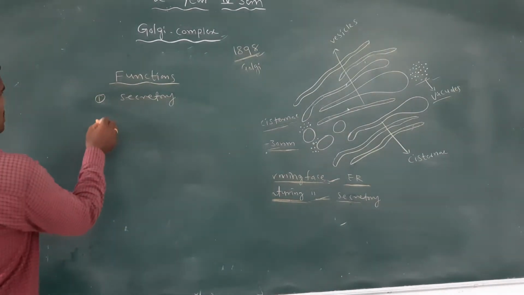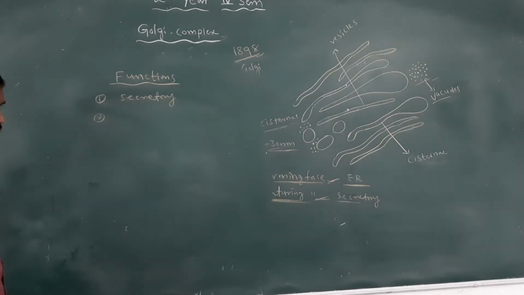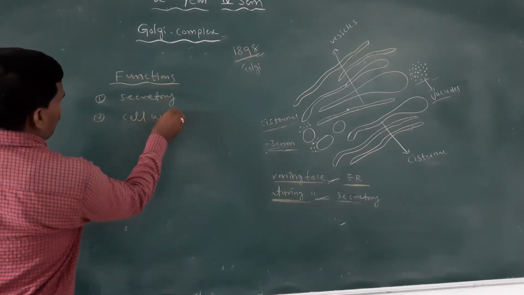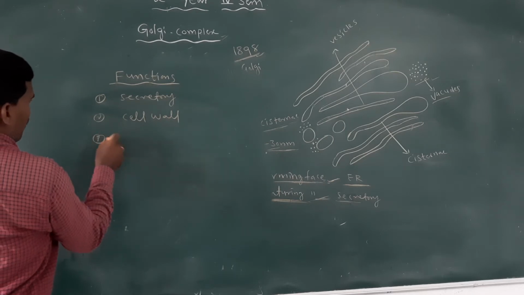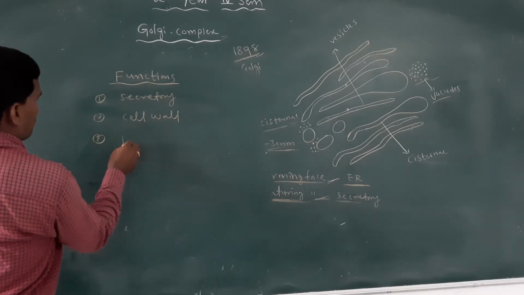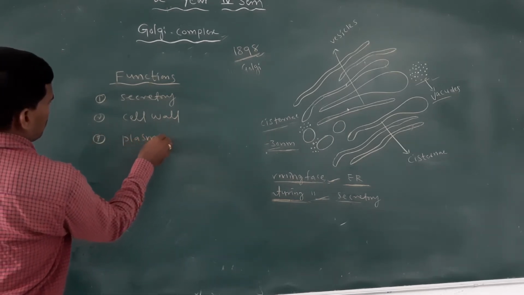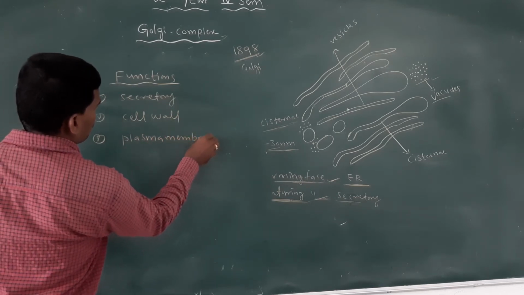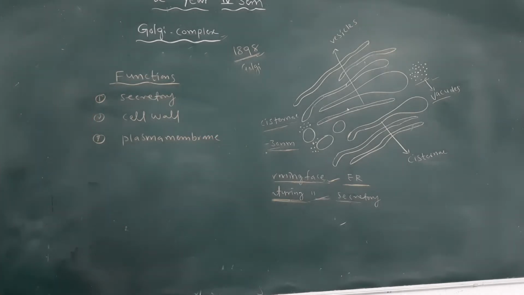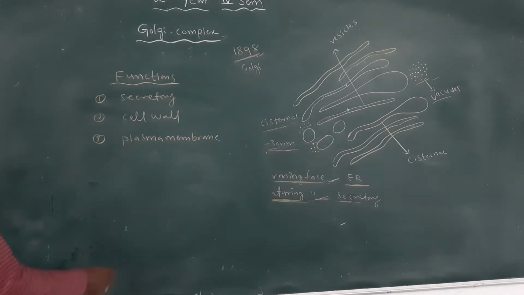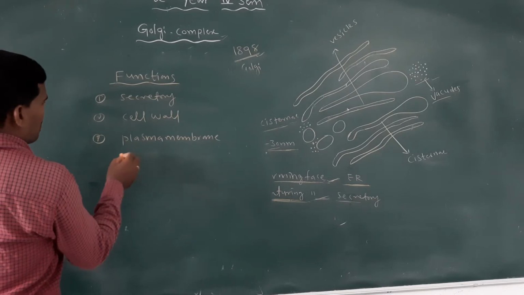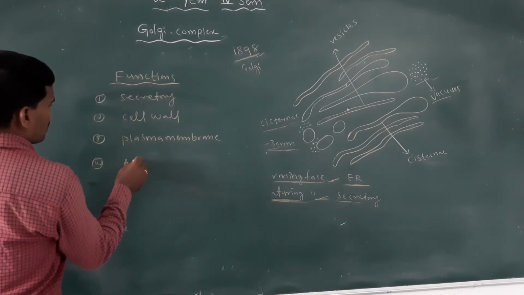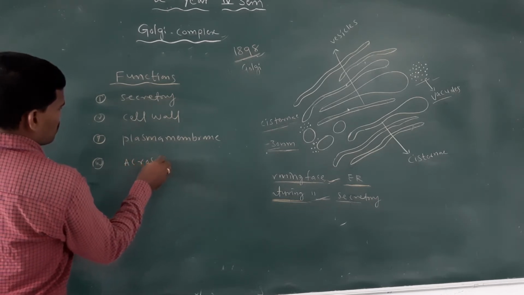The Golgi complex is involved in the formation of plasma membranes. Next, formation of acrosomes, involvement in the acrosome.